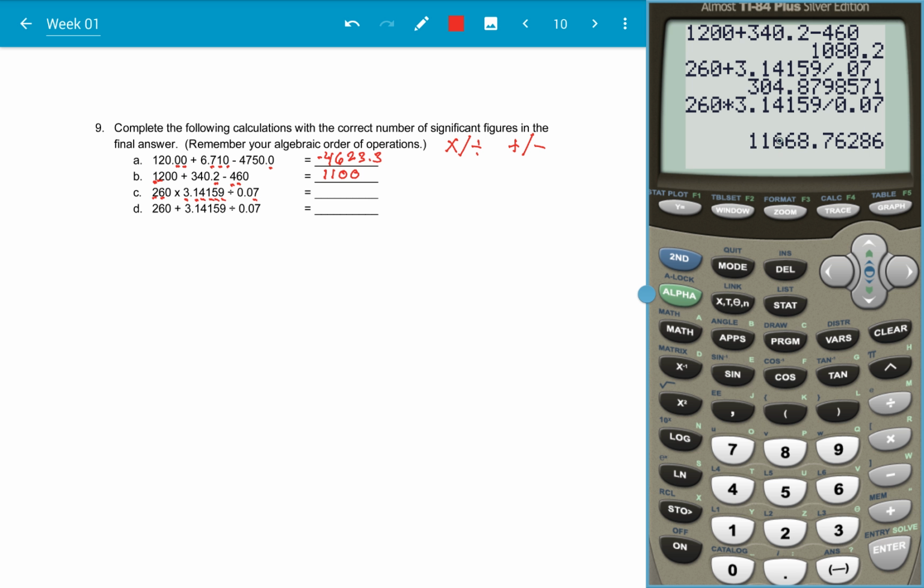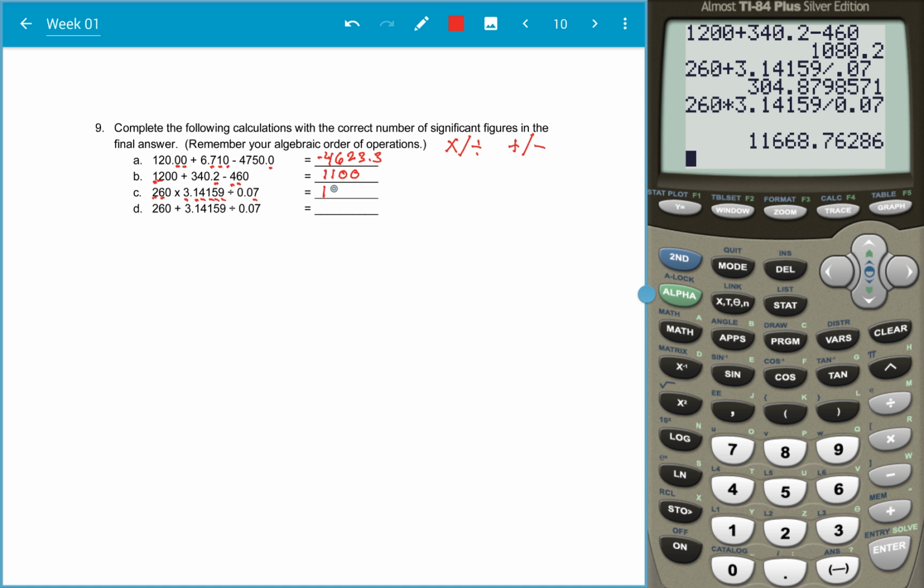So for this one, since the number that has the fewest significant figures in the original calculation only has 1, we need to round our final answer here to only 1 significant figure as well. So this would give me 10,000.